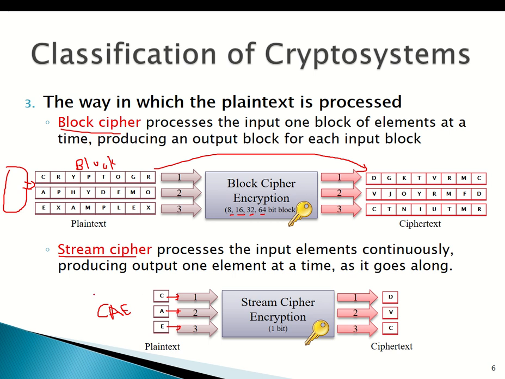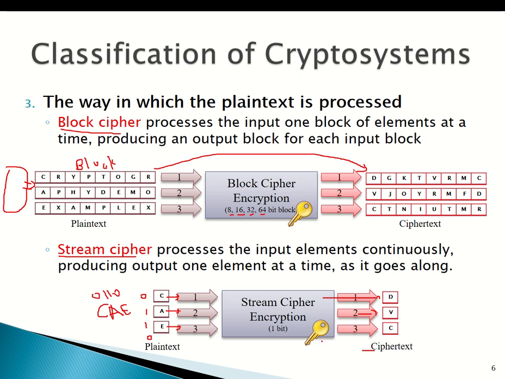If you have bits like 0, 1, 1, 0, it will take 0, 1, 1, and 0, one bit at a time. It's basically the same as a block, but the size of the block is just one bit, so we call it a stream. It encrypts each bit separately and then combines them together as the ciphertext using the key.